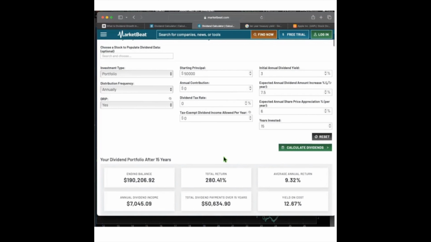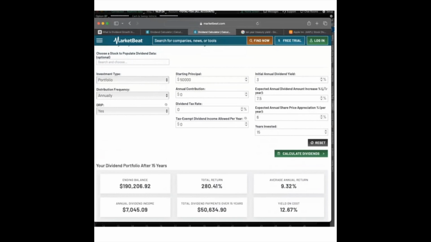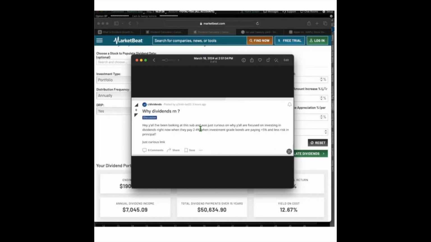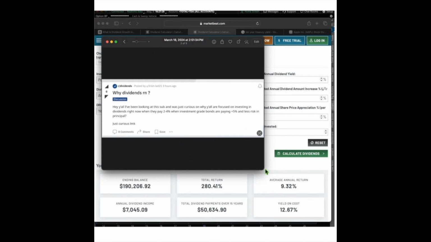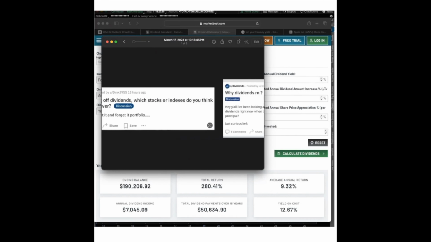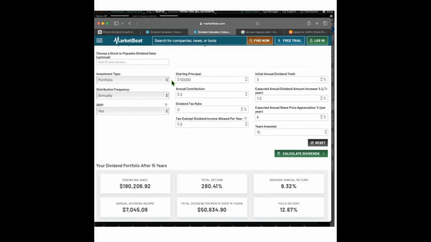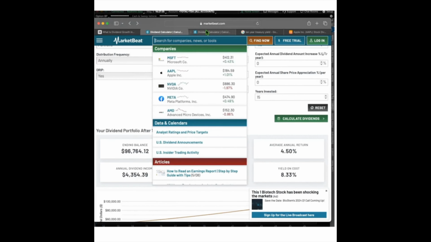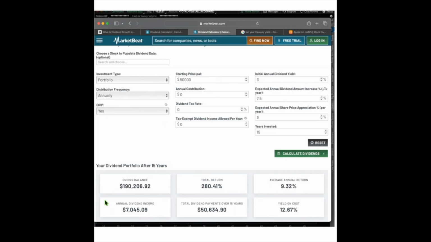So, if you're new in this game, don't be discouraged by people saying, why dividends? Because, guys, we just talked about it. We generated almost $3,000 more in dividend income at the end of this period using this strategy versus just using, I guess, a more conservative strategy of T-bill investing.